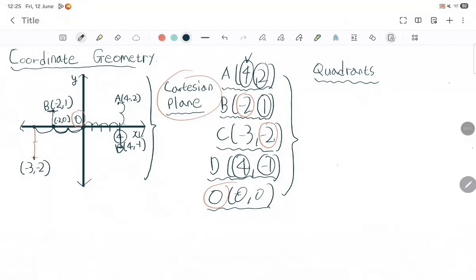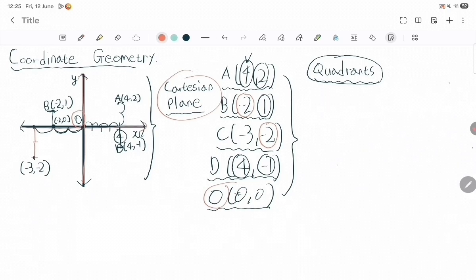Now, another concept that I want to mention is quadrants. These two axes, the x-axis and y-axis, actually cut the plane into 4 sections.